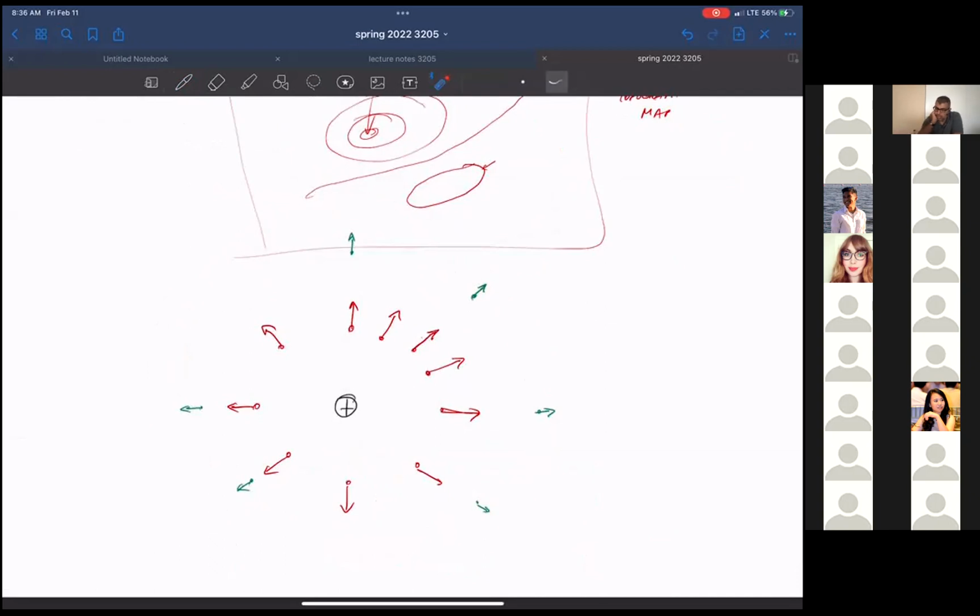Now, one of the things that you should be careful about is, in our visual description, this arrow doesn't mean that we're describing something that's working over this length. This arrow is giving you the amplitude and the direction of the electric field at this point.